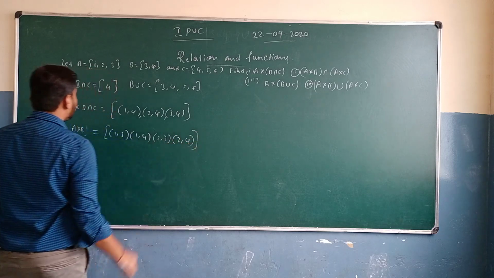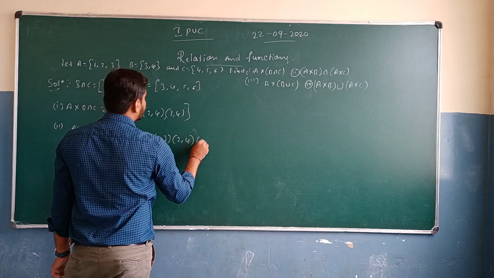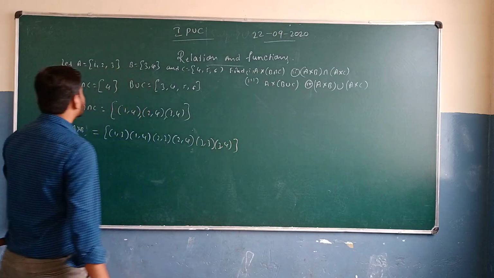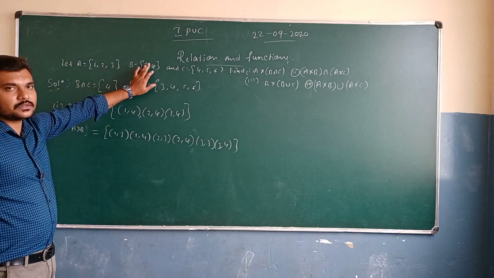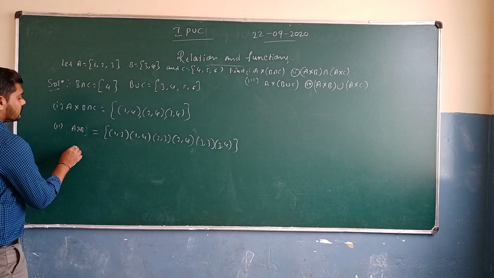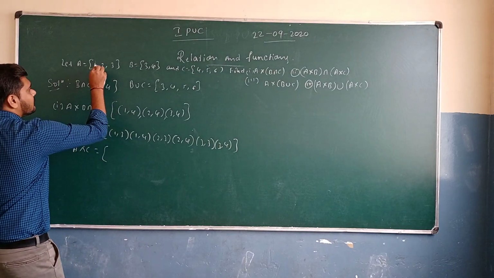These are the 6 elements of A cross B. Then A cross C is equal to 1,4.